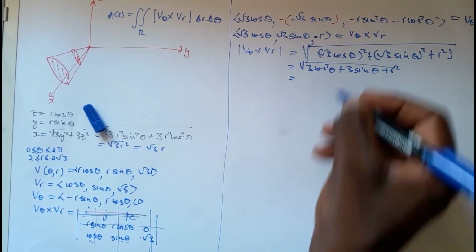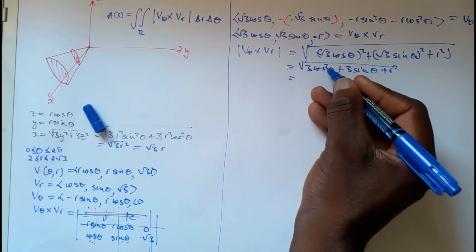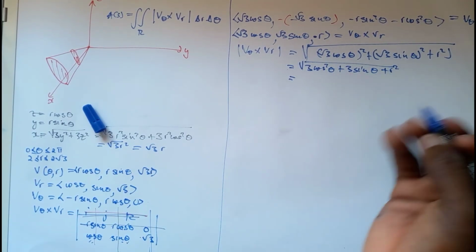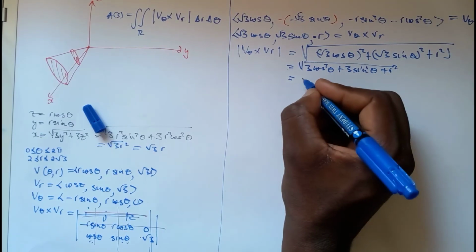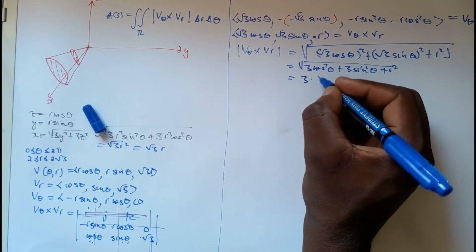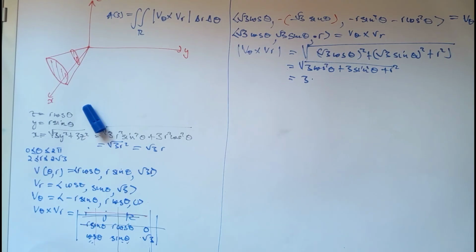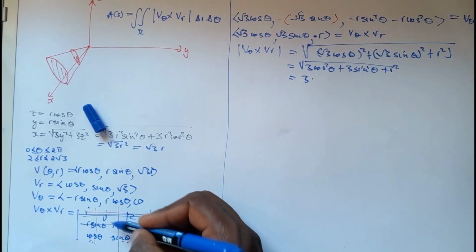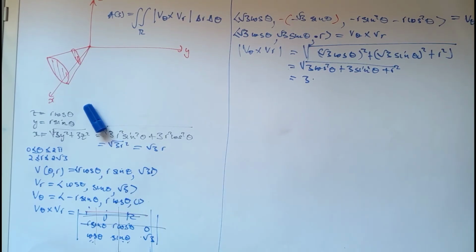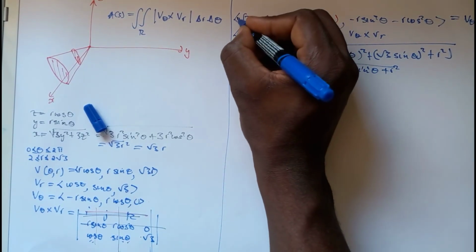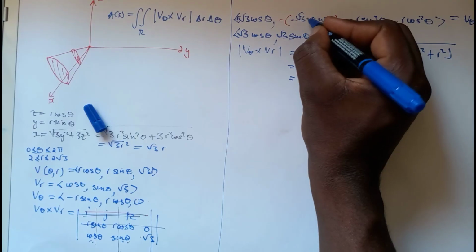Now it's time for the identity. If we say 3 cos squared theta plus 3 sine squared theta, we're going to get 3. But you should know that for the i component we have r, and for the j also we have r.